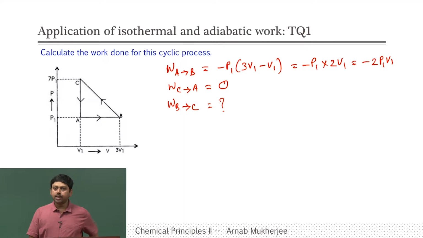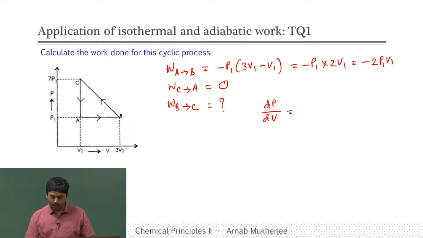Notice one thing, that B to C is a linear change, right, and there is some information in the graph to find the relation between pressure and volume. So, we need to find that relation. As you can see, it is a linear graph. So, the change in pressure versus change in volume, dP by dV, is the slope of the curve.